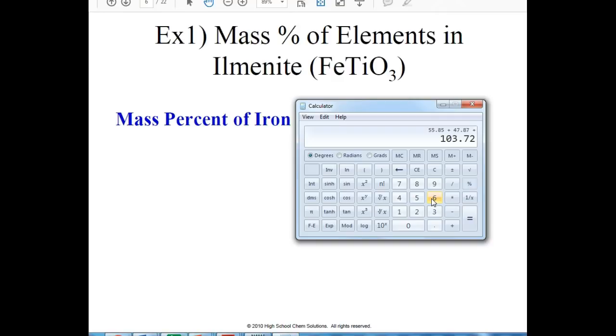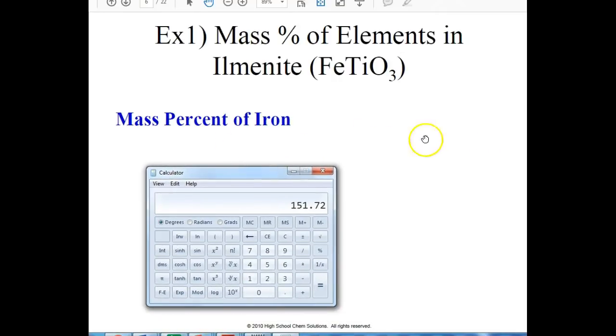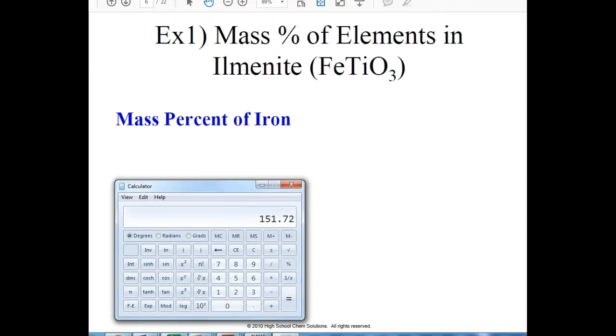So oxygen is 16.00 times 3 would be 48.00. So that's my total. So that would go on the bottom. So we've got 1 iron on the top and this 151.72 on the bottom. So it erased what I just did, unfortunately.